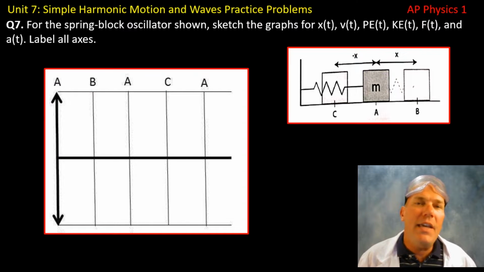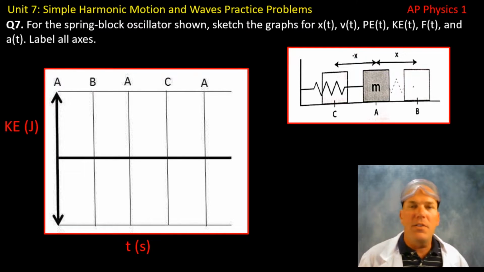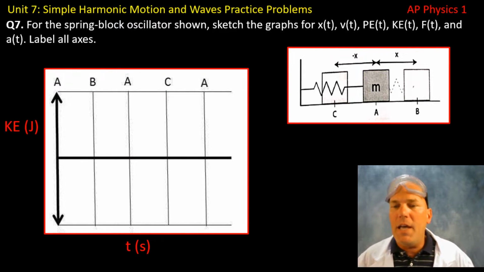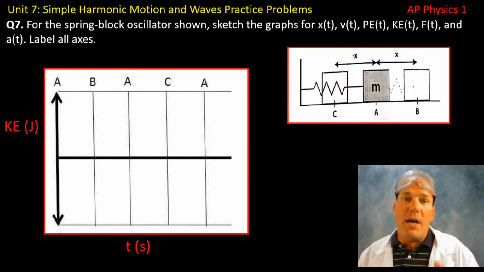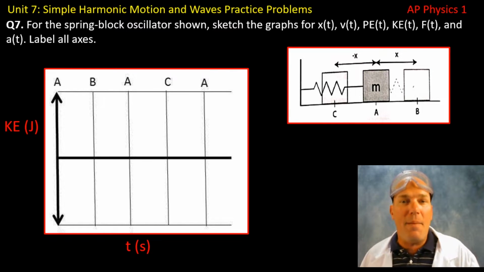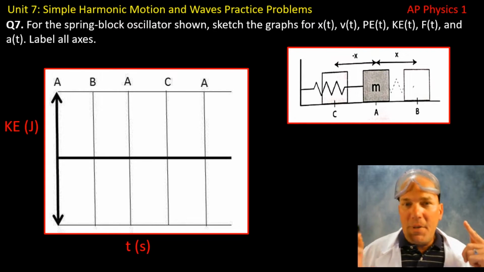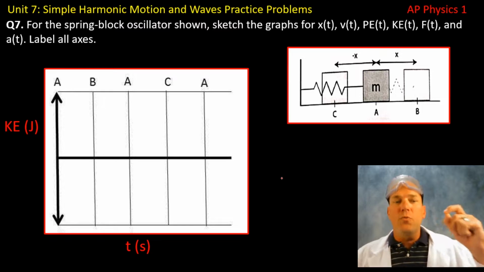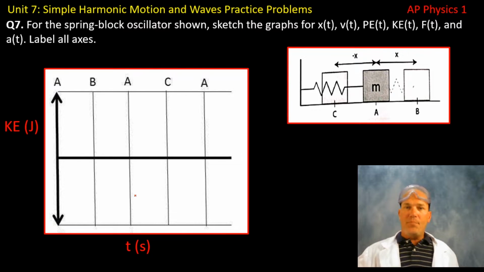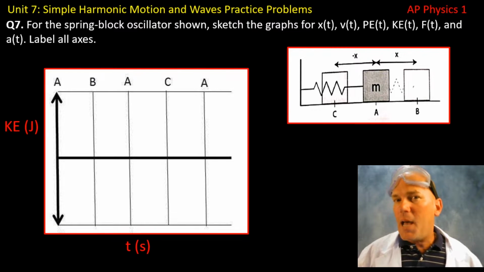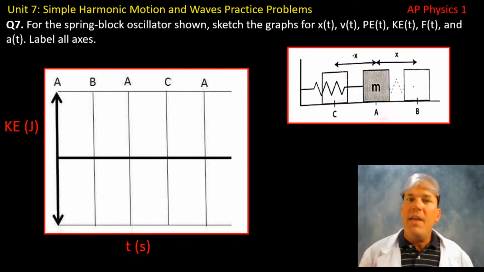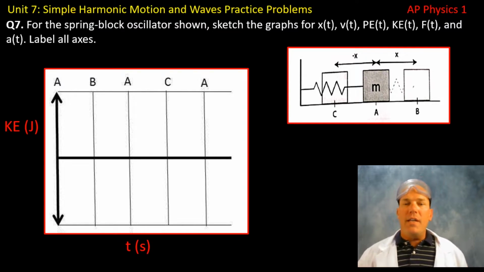Now, let's look at our kinetic energy as a function of time, in joules over time. It's pretty much everything we just spoke about, except the opposite. At position A, the block has the greatest kinetic energy. At positions B and C, the block stops for an instant and therefore has 0 kinetic energy.